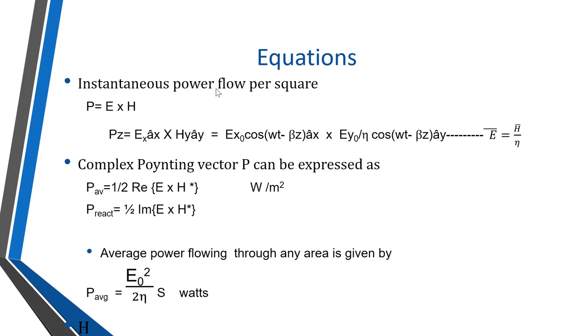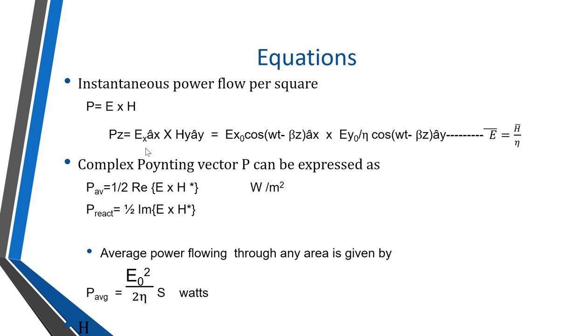Using the Poynting vector we can find the instantaneous power flow per square meter area, using this equation: P bar is equal to E bar cross H bar, where E bar is equal to Ex ax cap, and H bar is equal to Hy ay cap, because E bar and H bar in an electromagnetic wave are perpendicular to each other.